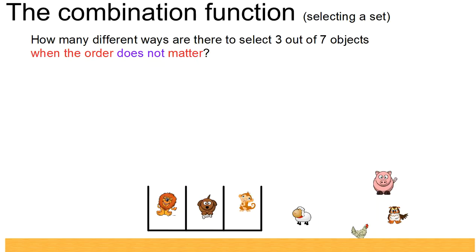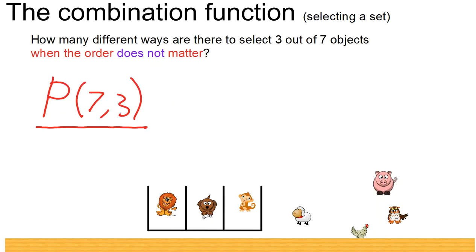We can say that we first take P of 7, 3, so that's using the permutation function to count the number of possibilities, and then we need to see how many times we got each set, and that is basically the number of ways to place 3 objects in the 3 bins, and so that's divided by 3 factorial.